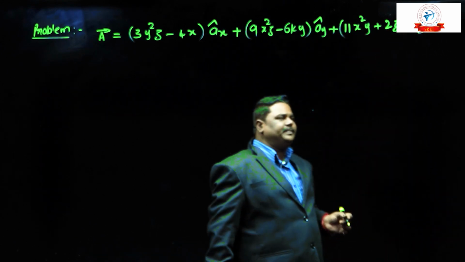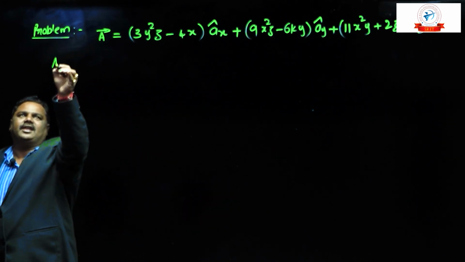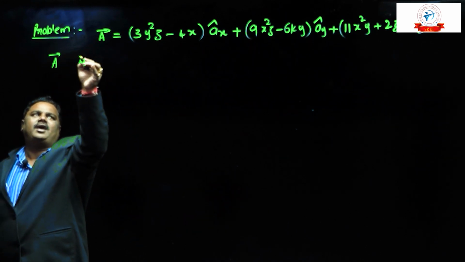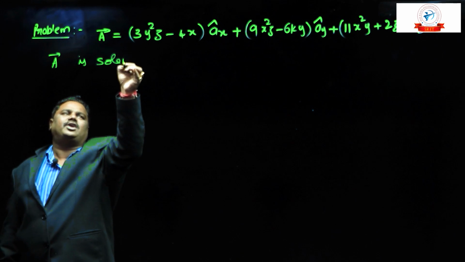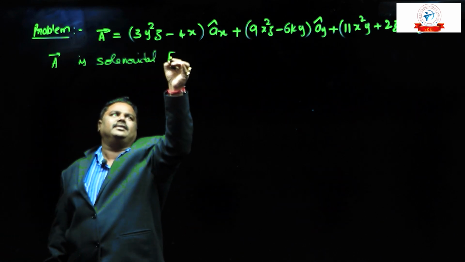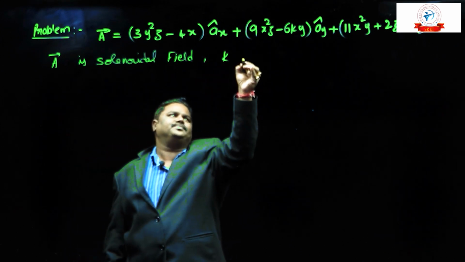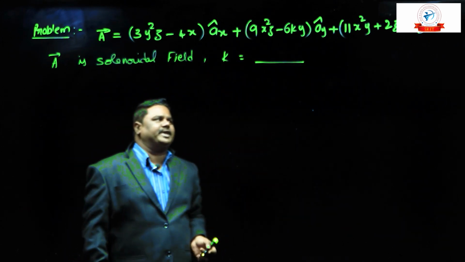It is a vector field, represented with a bar. Now, if A bar is a solenoidal field, then what is the value of k?